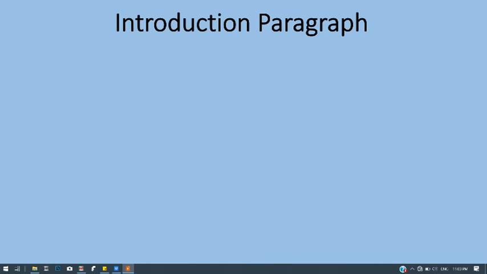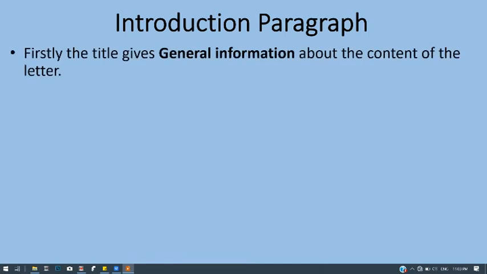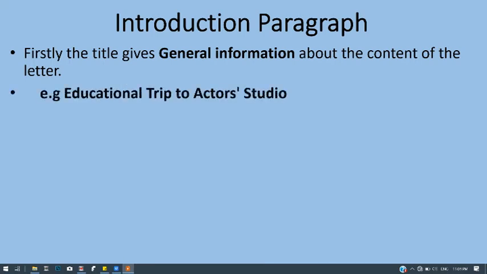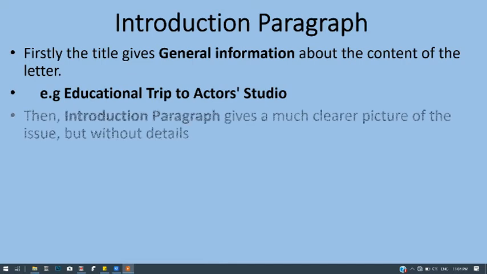Next, introduction paragraph. Now we have already started our letter. Firstly, the title gives general information about the content of the letter. For example, educational trip to actors studio. Then the introduction paragraph gives a much clearer picture of the issue without details.